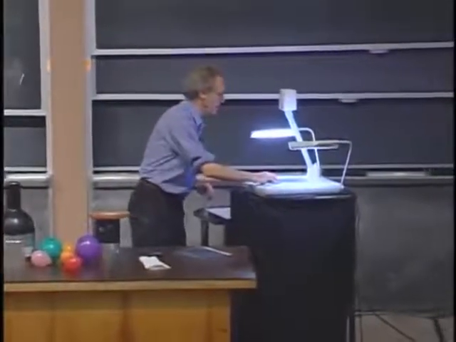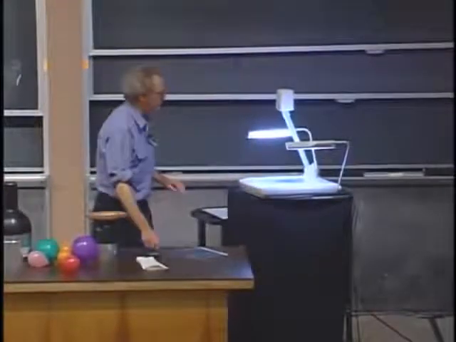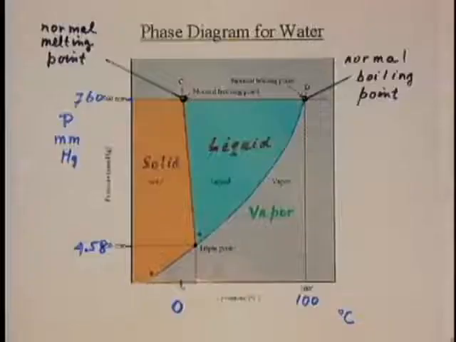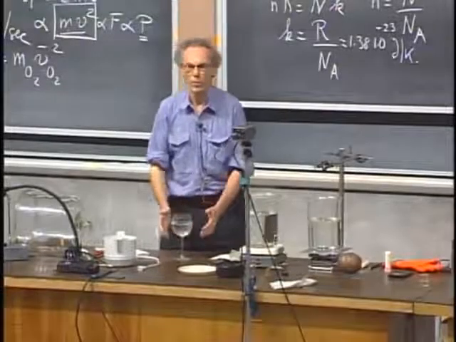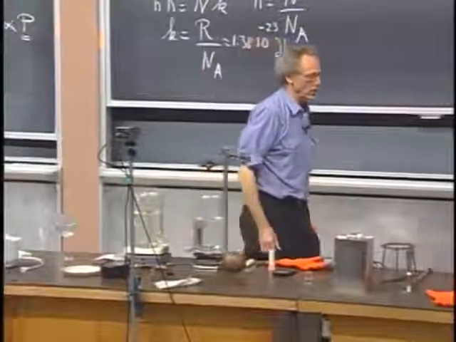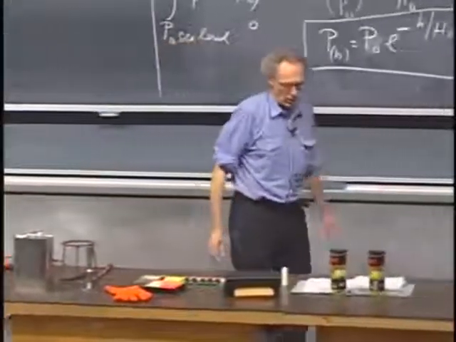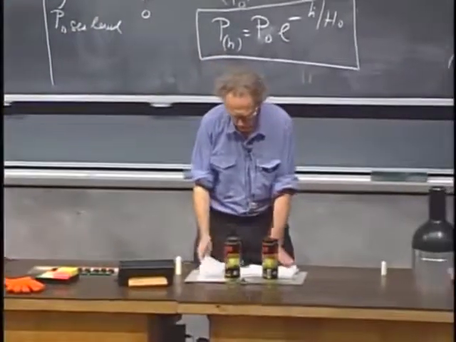This is the phase diagram of water. And what I want to do is take some water and bring it to an altitude of about 30 kilometers. At 30 kilometers, the water at 20 degrees centigrade should start to boil.